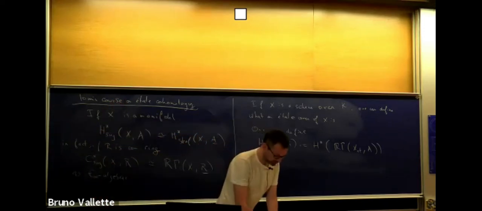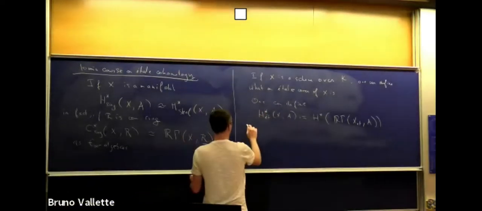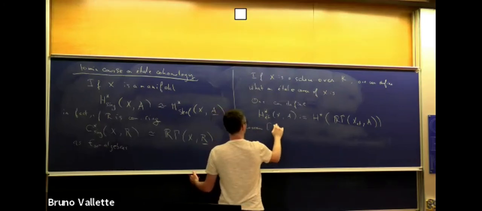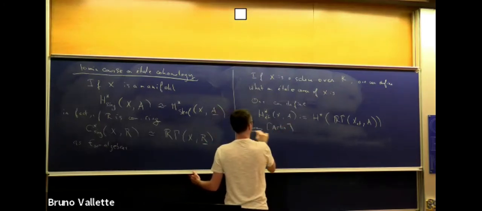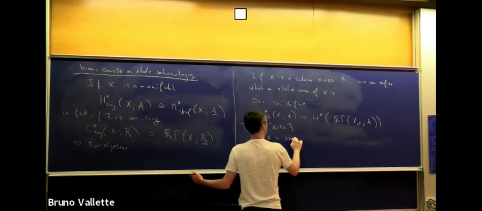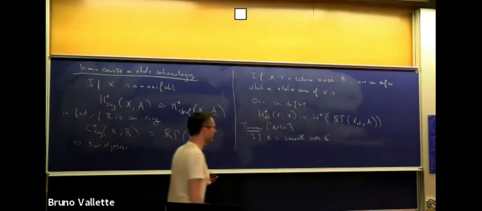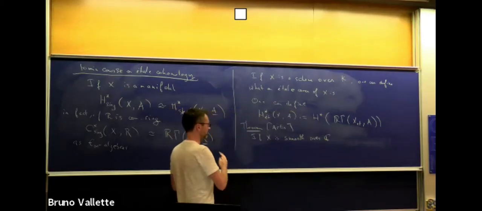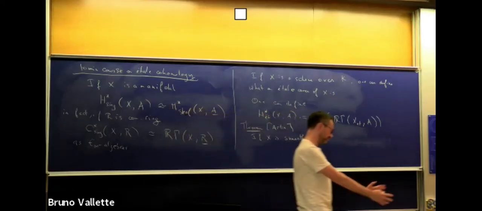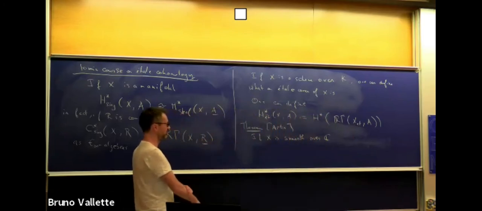And an important result is that this is, in some cases, related to classical cohomology. So I think it's a theorem due to Artin. So if X is smooth over the complex numbers, you can relate the étale cohomology of X and the singular or sheaf cohomology of X, and they're going to be isomorphic.